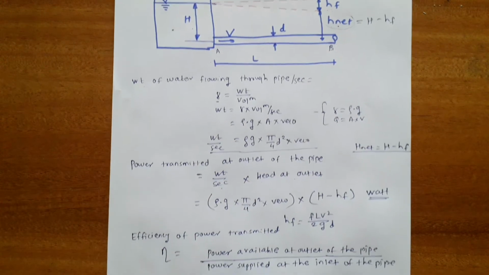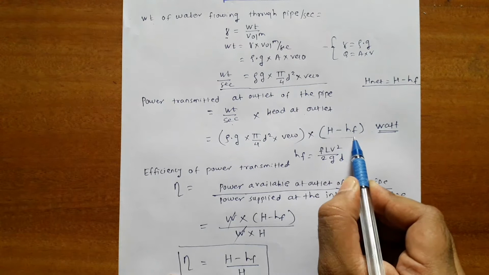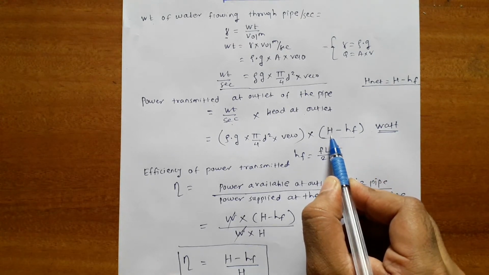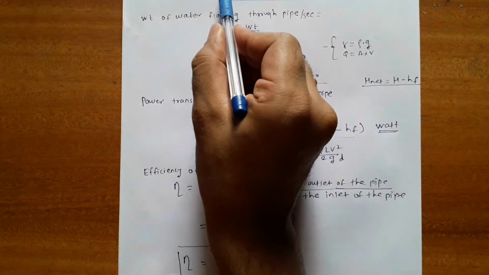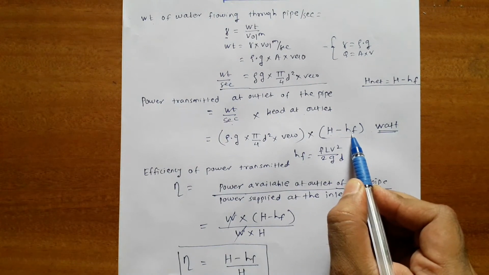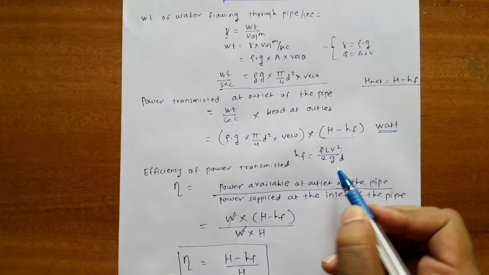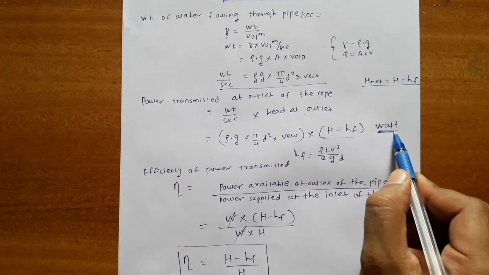So the head at the outlet is H minus HF. Here H is the head available in the tank, or at point A, and HF is the head loss or energy loss value. It is FLV square by 2GD.